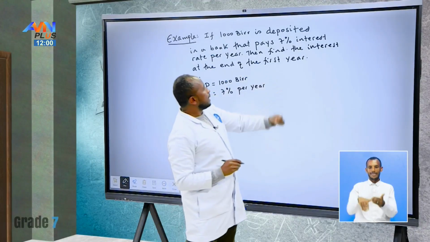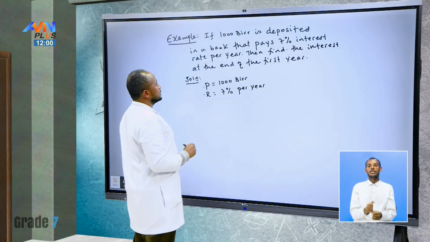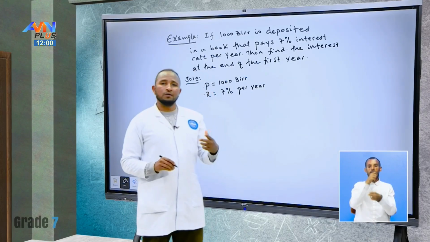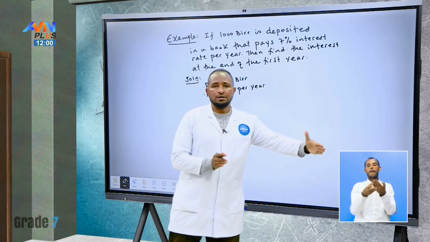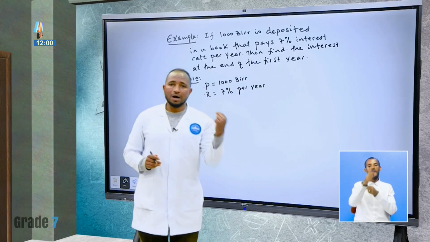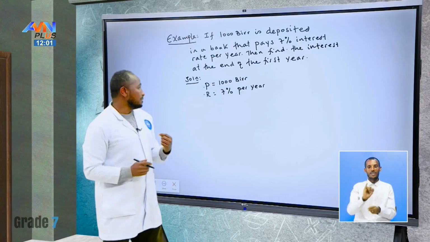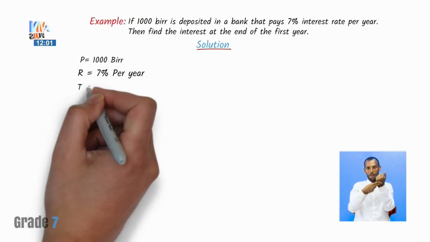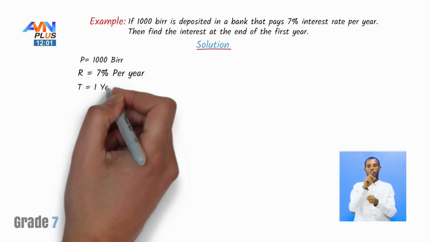Then find the interest at the end of the first year. This money is deposited for a 1 year period. So 1 year is the time period in which the money is deposited.